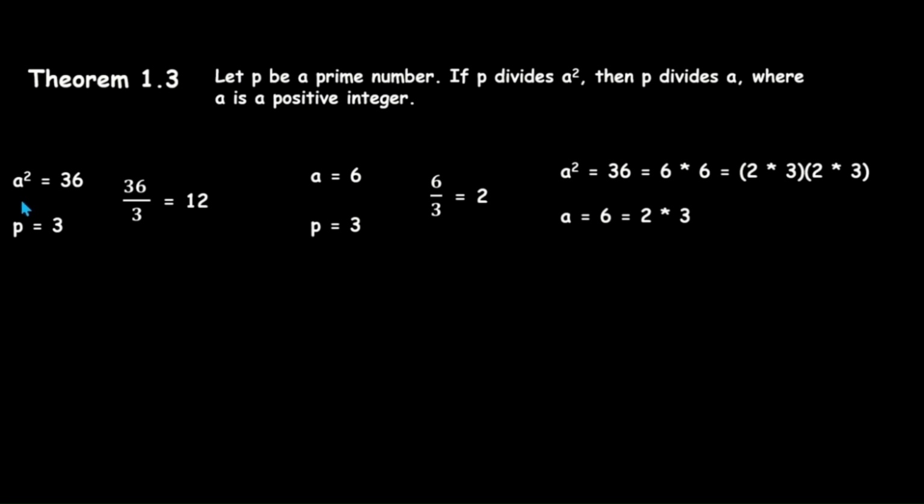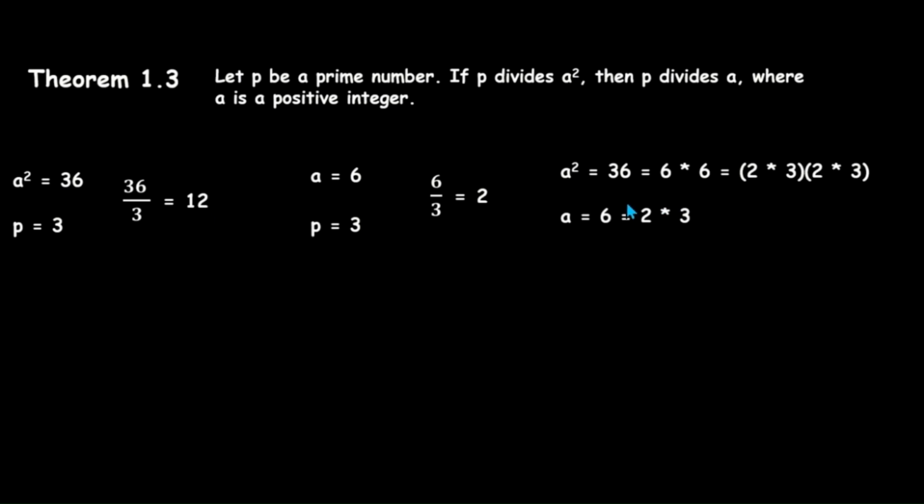So the prime number that we picked up for this case is 3. So 3 is cutting one of the 3's here. It can cut one of them. So either this 3 or this 3, it doesn't matter. So if 3 is cutting 3, what remains is 2 into 2, 4, 4 into 3, 12. And that is what we got as the quotient here.